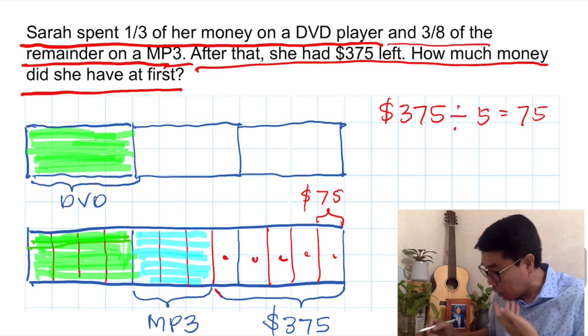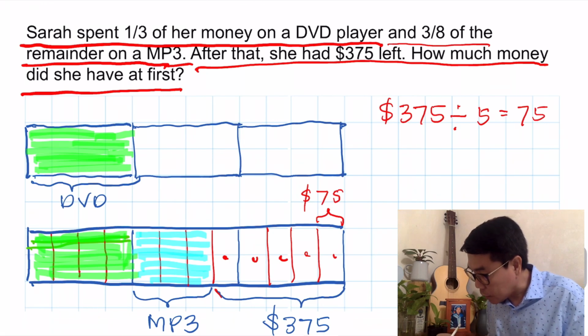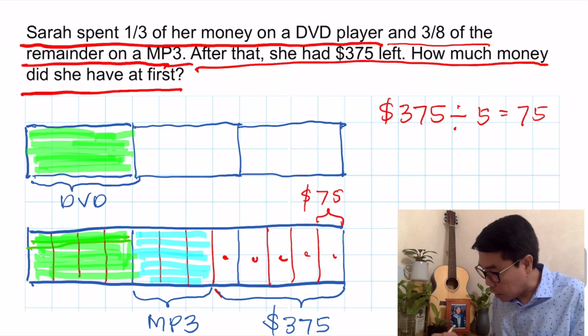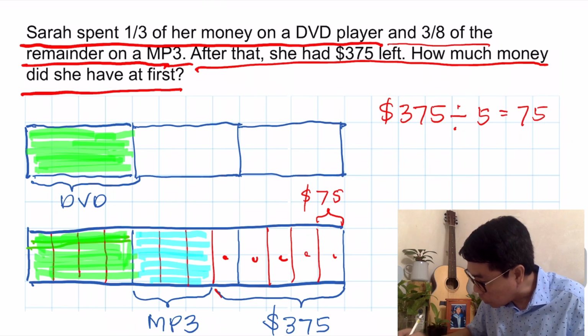Now, remember, fractions are equally divided. So how many equal parts are there now? We're finding how much money she had at first, so we're looking for all the money.